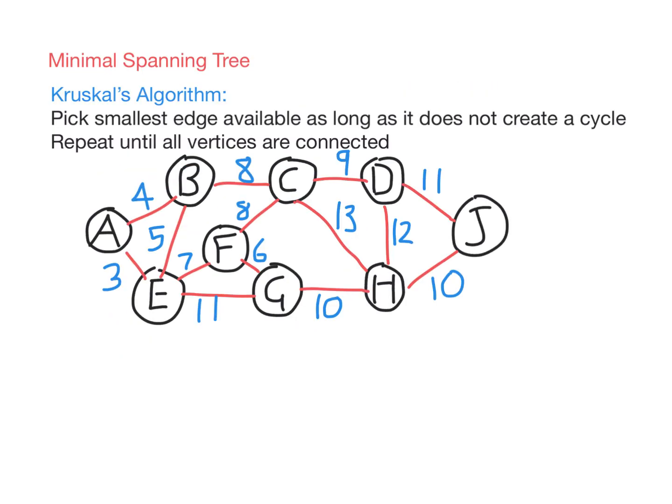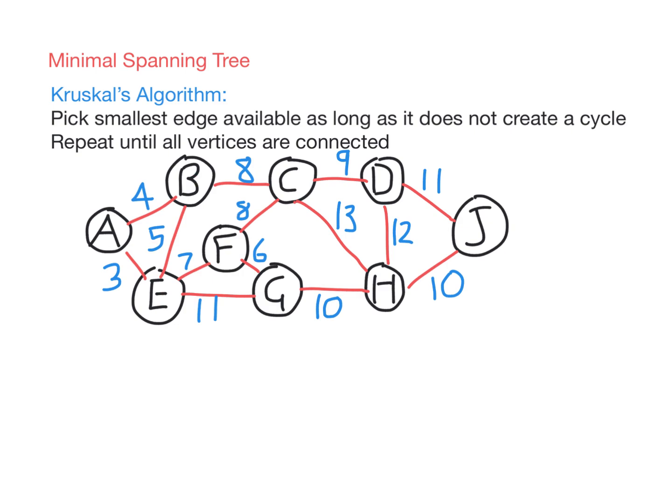So in this example, we'll look at Kruskal's algorithm to find a minimal spanning tree. So here we have a network. It's clearly not a tree. What we're going to do is find a tree that is embedded in this network such that the sum of each of these weights of the tree is a minimum.